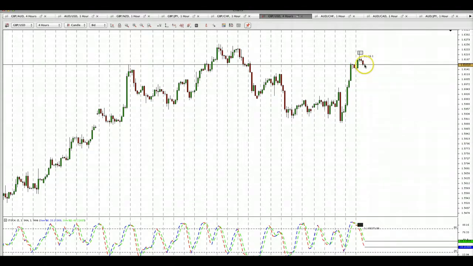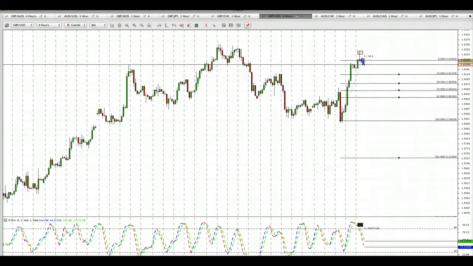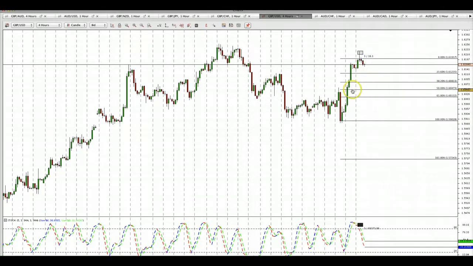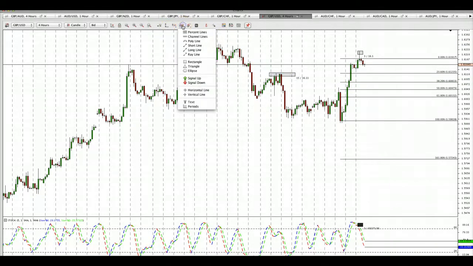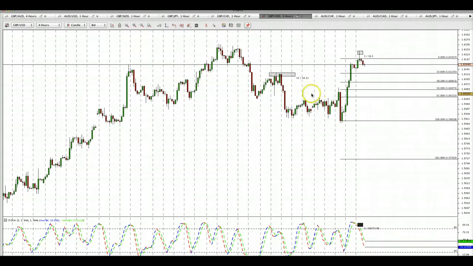A very good trade setup, and technically the market should continue to sell off to a fib level, which is around the 50% retracement level, because that is a swing point. We have two swing points here. So these are levels of support that we should expect the market to bounce off of.